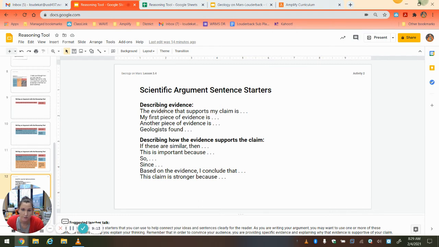And then describing the evidence, which is already there for you. Then how it supports: if these are similar, then this is important because. Or, since. I really like this one: based on the evidence, I conclude that. Or, this claim is stronger because. Each of these is a good sentence starter to help you with your writing.